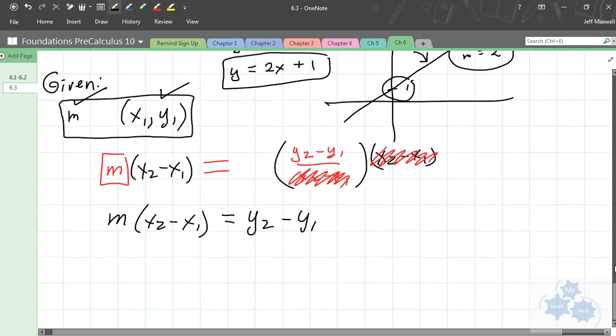Okay? So this right here is very close to the point slope form. If we're given one point, x1 and y1, we're actually going to just rewrite this like this. So y2 minus y1, I'm just going to switch sides here.